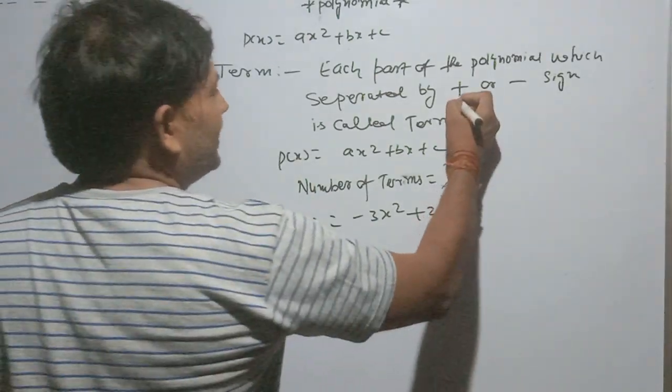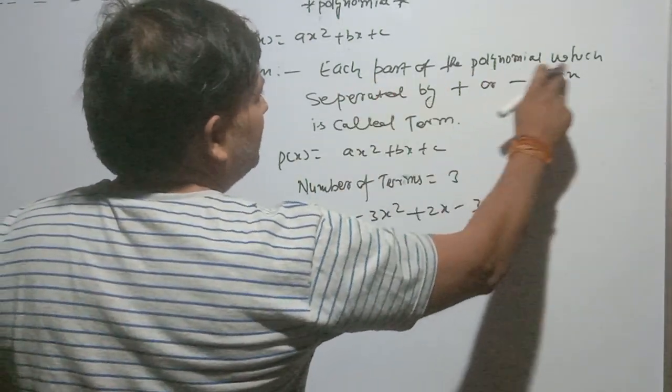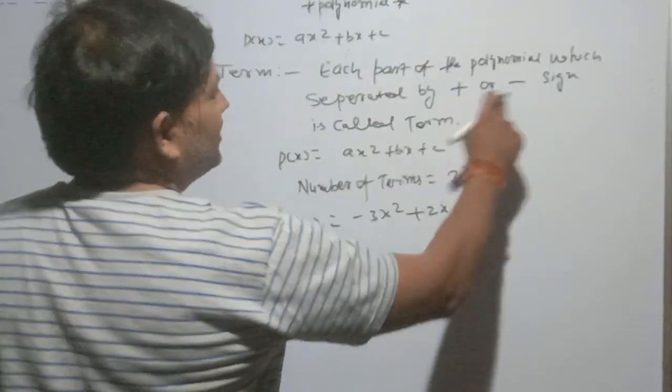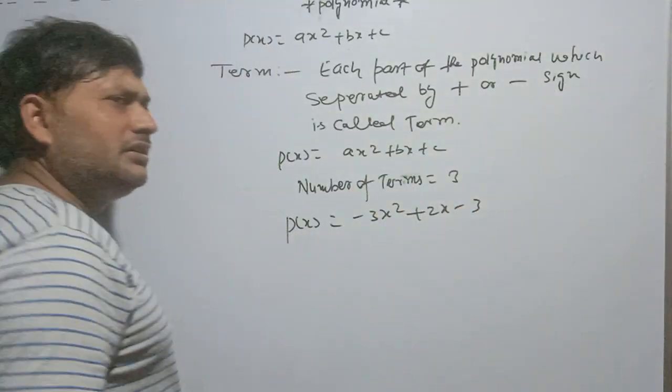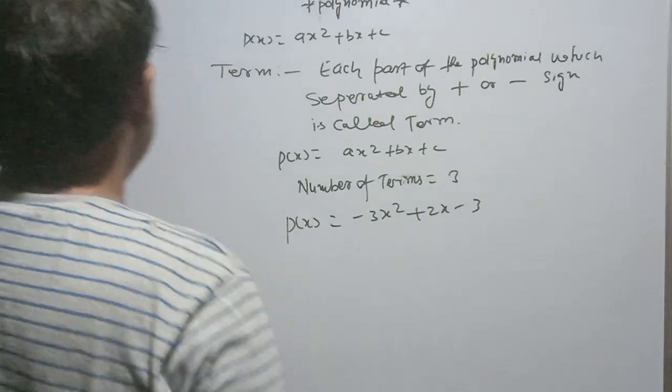So each part of the polynomial which is separated by a plus or minus sign is called a term. Now I am talking about the coefficient.